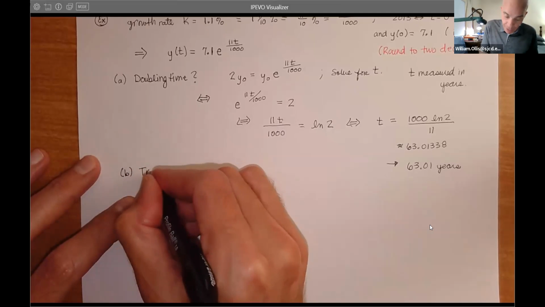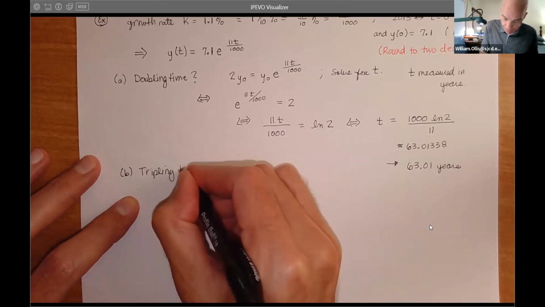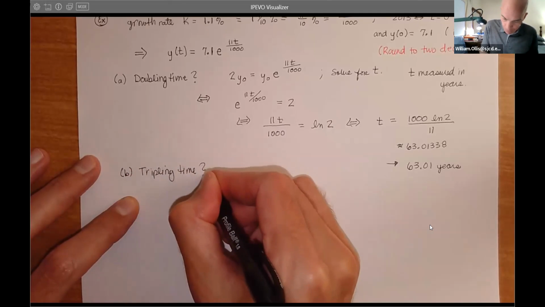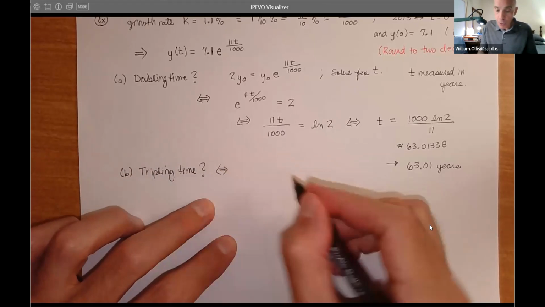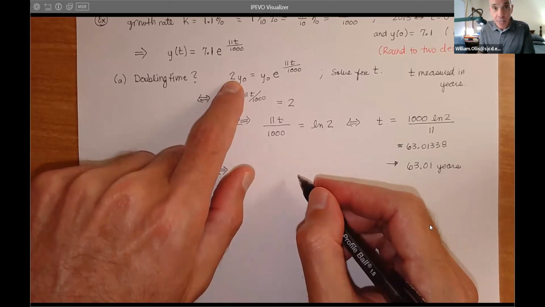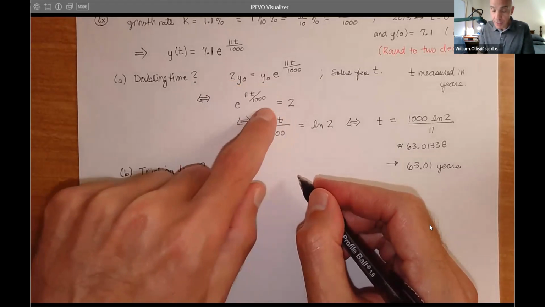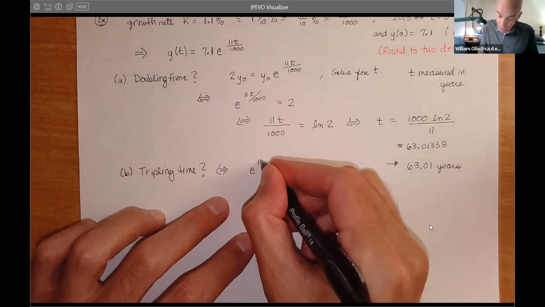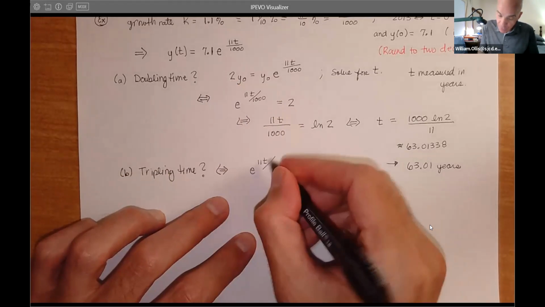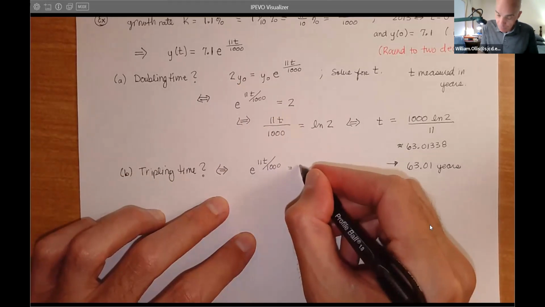For the tripling time, this will just correspond to, if you look up here, we'll have 3 times y sub 0 equal to the y sub 0. So we get this equation with the 3. So this will give us e to the 11t over 1,000 equals 3.